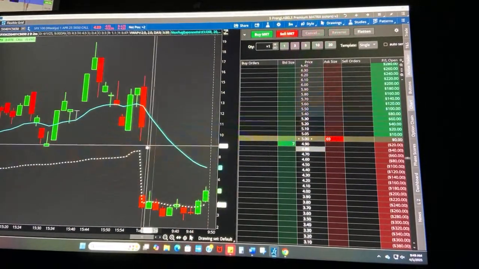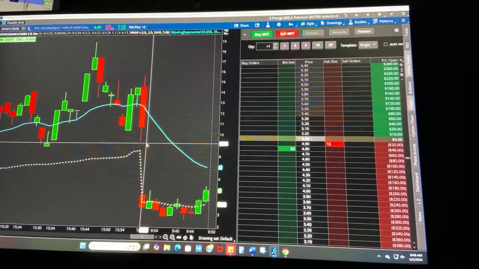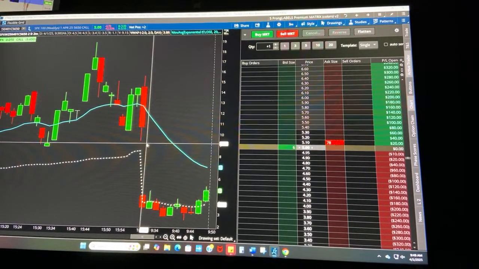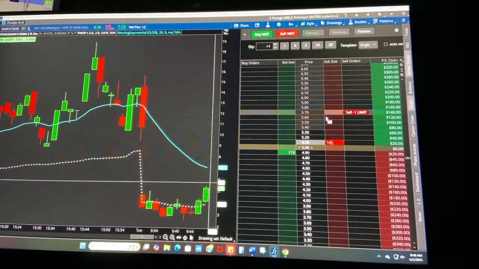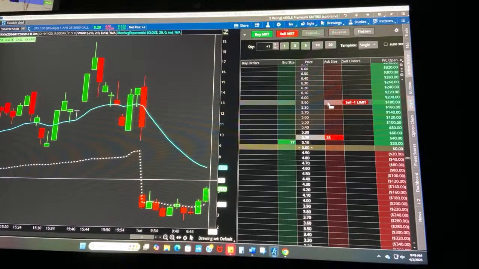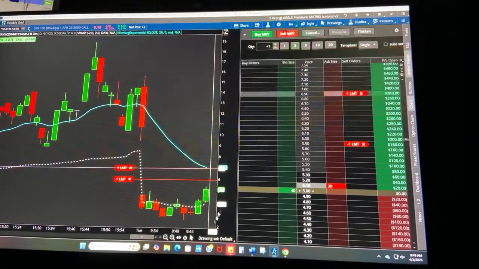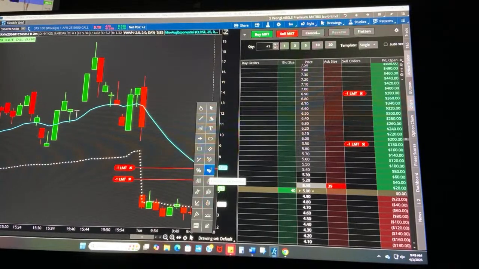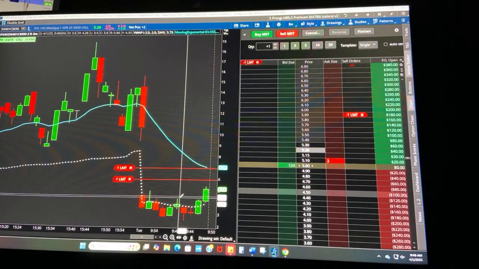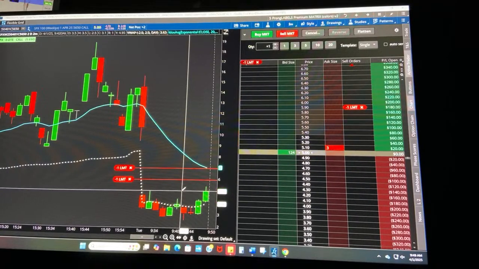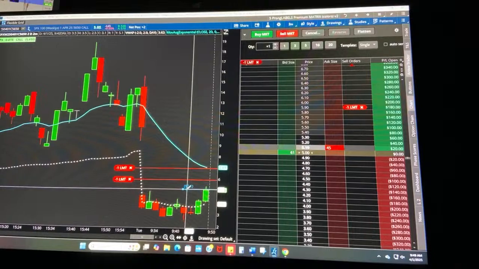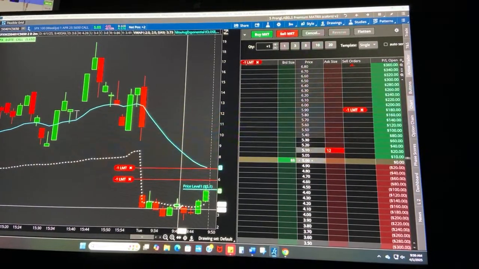Got these. Let me get my other account real quick. All right, I'm going to put a target on here, let's throw some limits here, 590. $6.90. Microsoft new high on day.